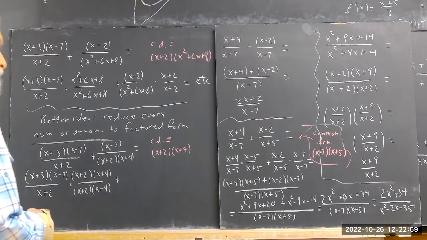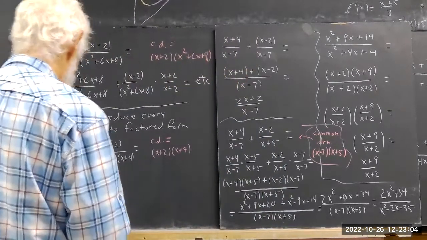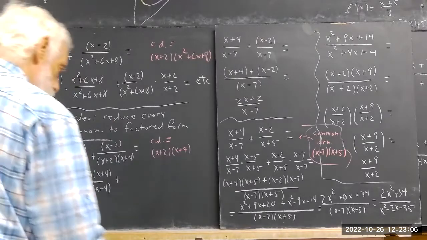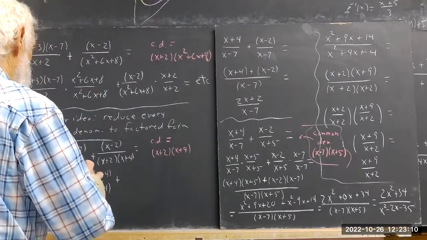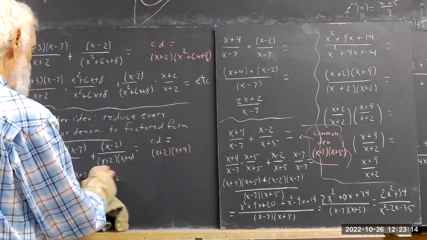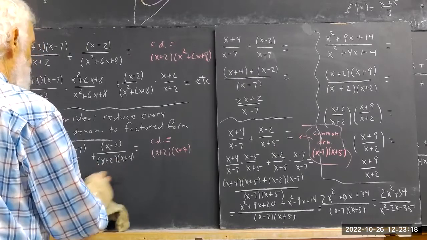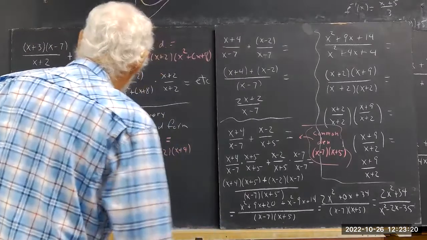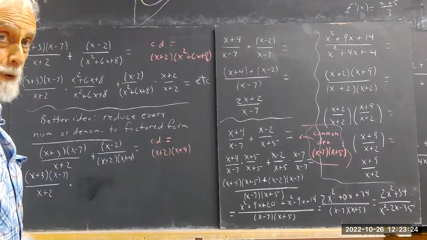We don't need to do that. We're at the end of the class, actually. Okay. We don't have to multiply by the whole denominator. We need to get a denominator of x plus 2 times x plus 4.